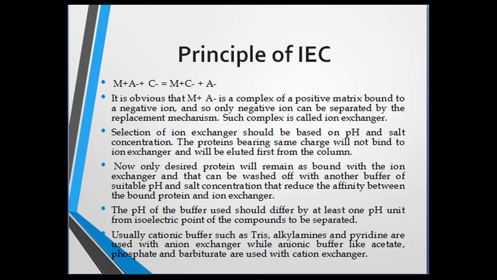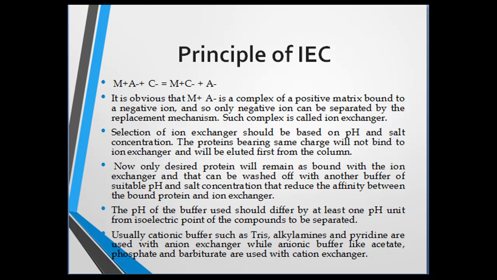Protein bearing the same charge will not bind due to repulsion and will be eluted first from the column. Now, only the desired protein will remain bound with the ion exchanger, and that can be washed off with another buffer of suitable pH and salt concentration that reduces the affinity between the bound protein and the ion exchanger.